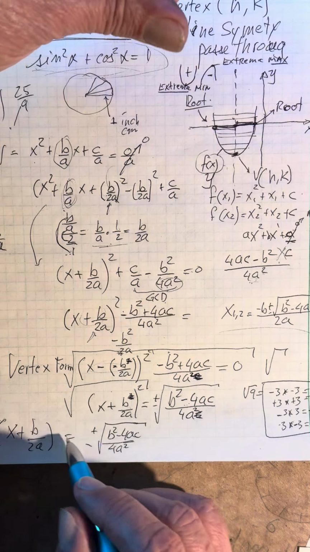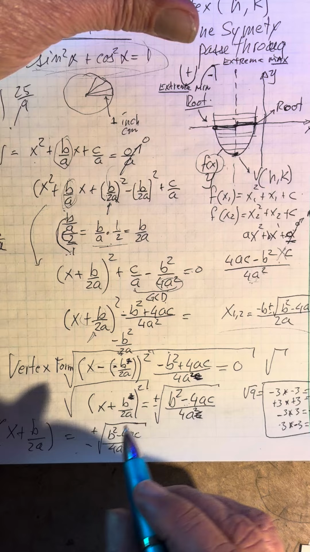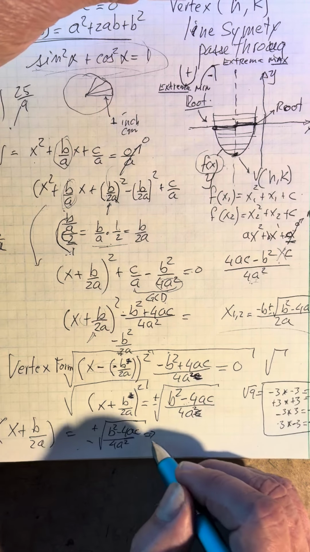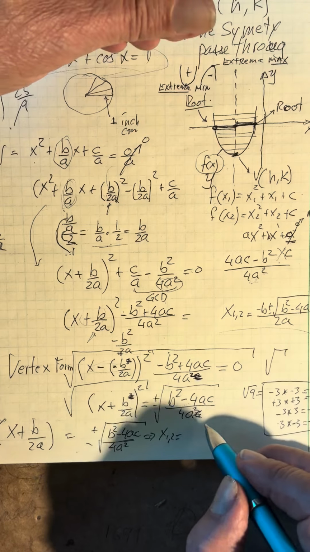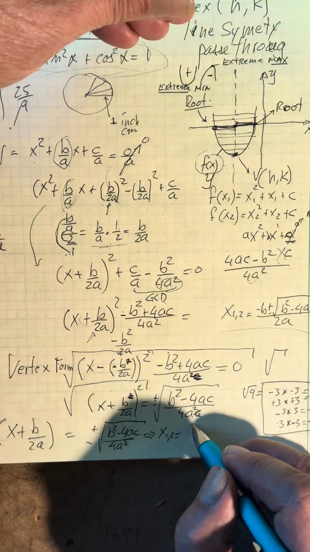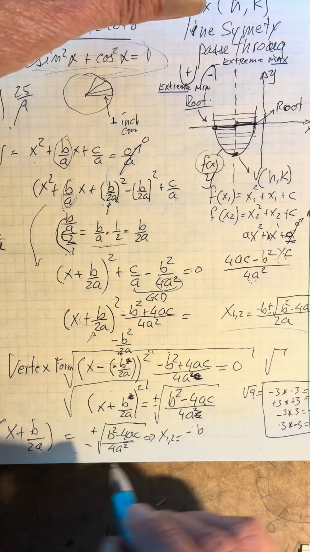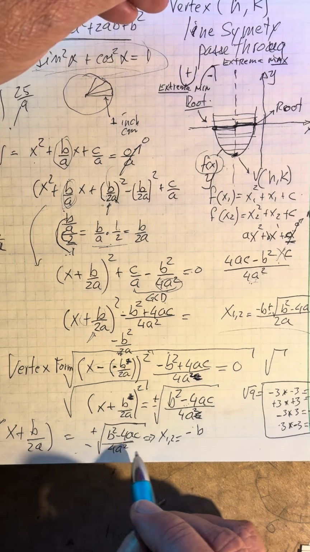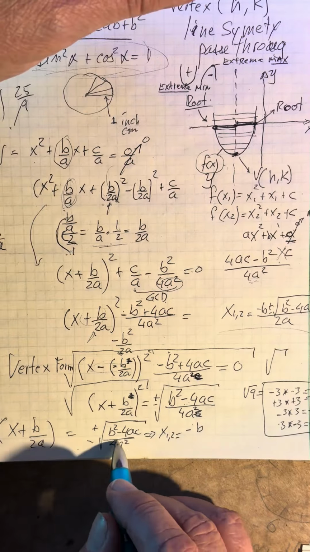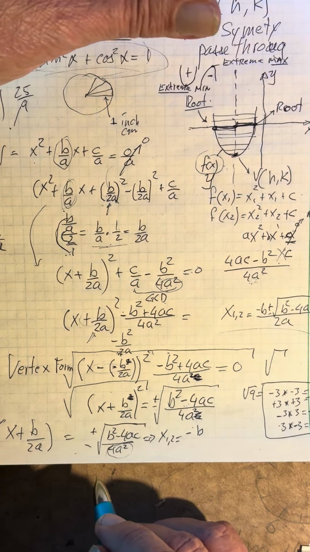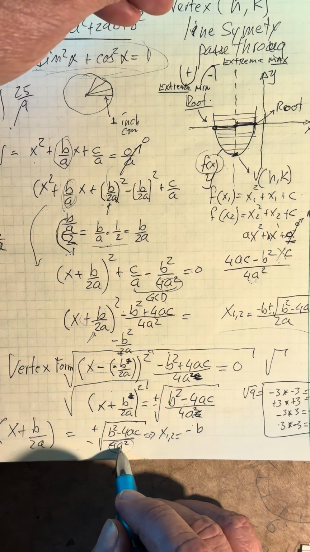And I need to make this look like that also. So x1 and x2 will be equal to minus b. And we're going to do everything in one shot. We're going to take this out of the square root by squaring the 4 and squaring the a squared.